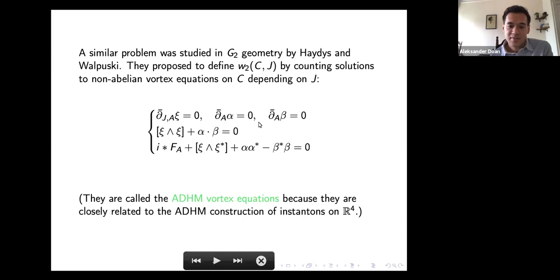They have to satisfy the del bar equation. They have to satisfy some algebraic equation that's essentially the complex moment map equation. And they have to satisfy some kind of vortex type equation. So this is like a mixture of a vortex equation and Hitchin's equations. If you look at this term, it looks like Hitchin's equations.